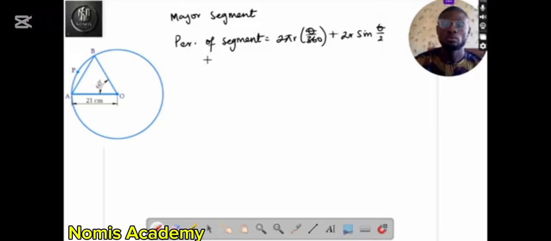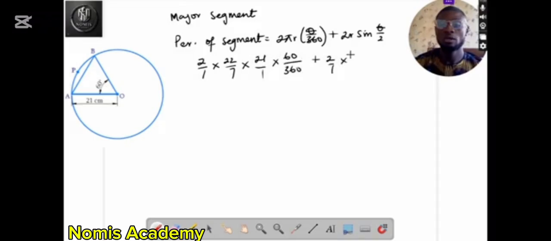So we can put in the parameters. 2 over 1 multiplied by 22 over 7 multiplied by the radius 21 over 1 multiplied by the theta, 60 all over 360, plus 2 over 1 multiplied by 21 over 1 multiplied by sine 60 divided by 2. No, this is wrong.